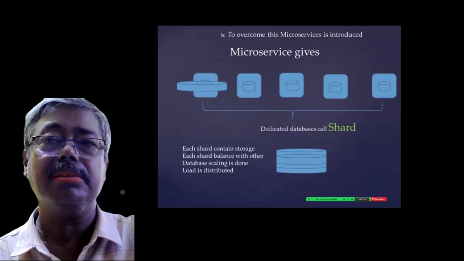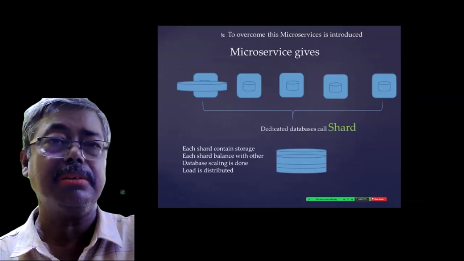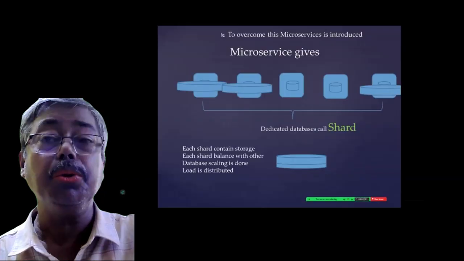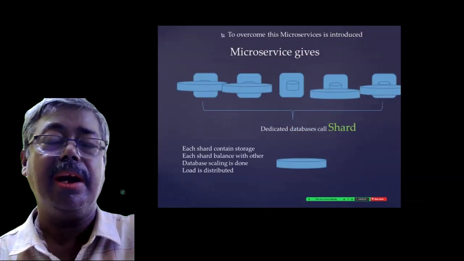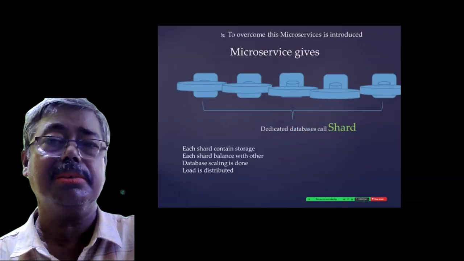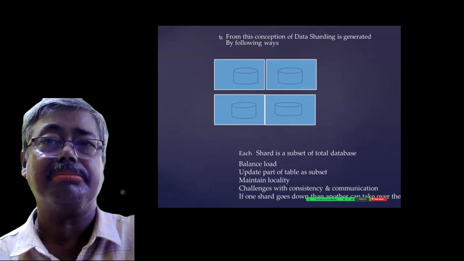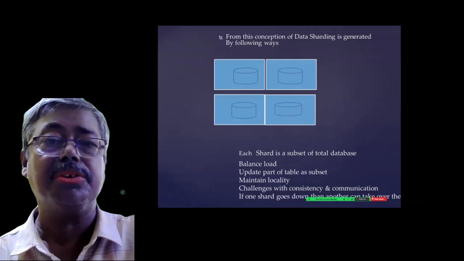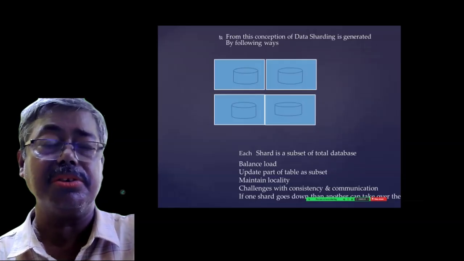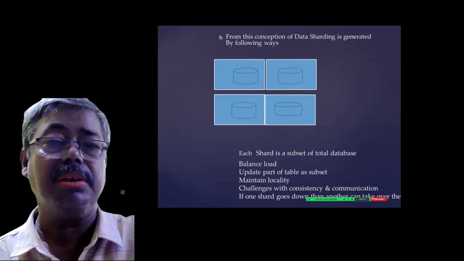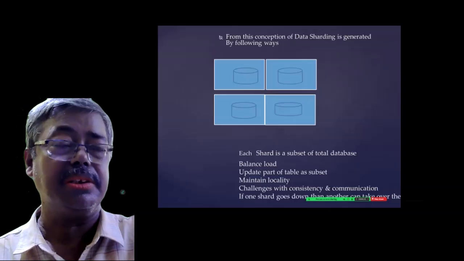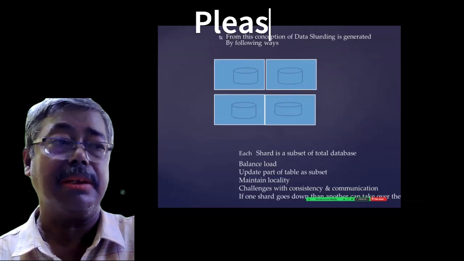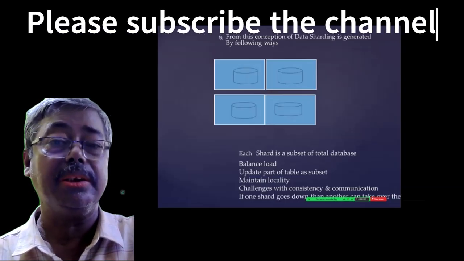In this way, the main server is split and also shifted to a new location, and it is also enhancing the server capacity. And data sharding generates a new shard. Load balancing is done. Update part of the table as a subset. Maintain locality.